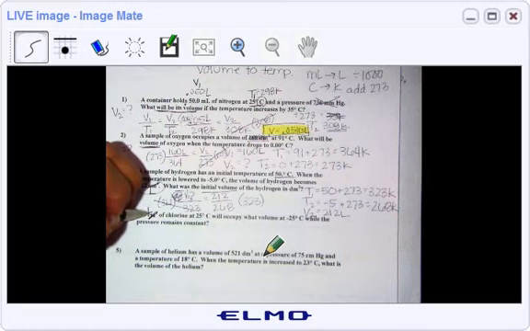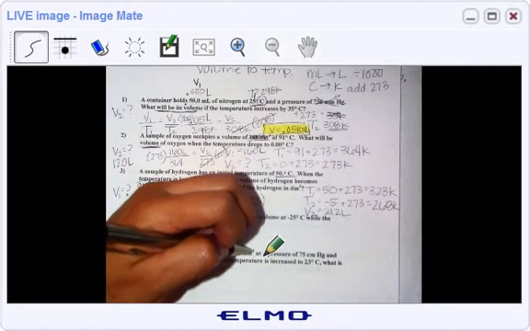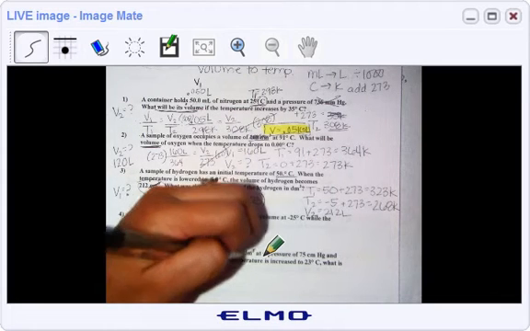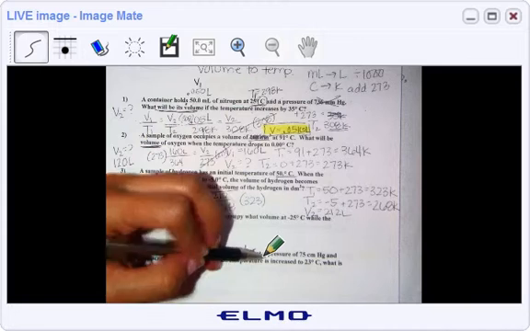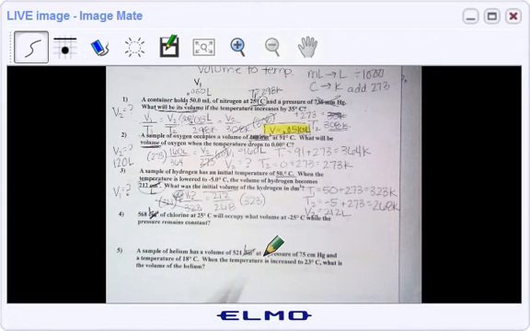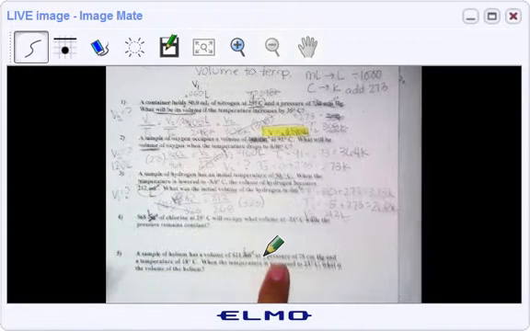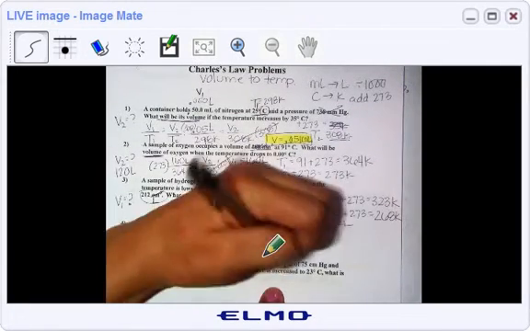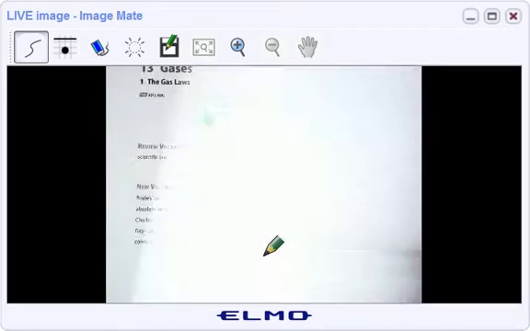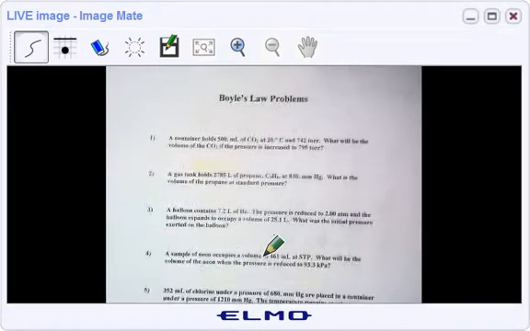Okay. And again, pressure does not matter for these. If you take a look at number 5, with the formula that we have, there's no P for pressure. So we're going to flip to Boyle's law.